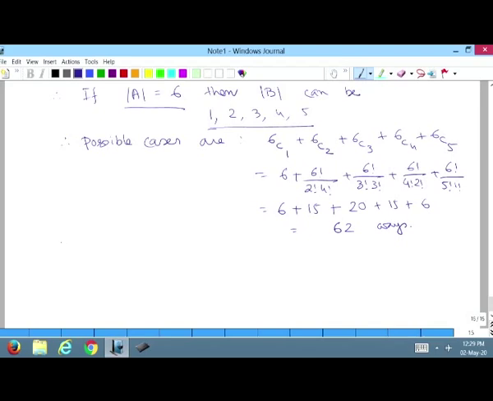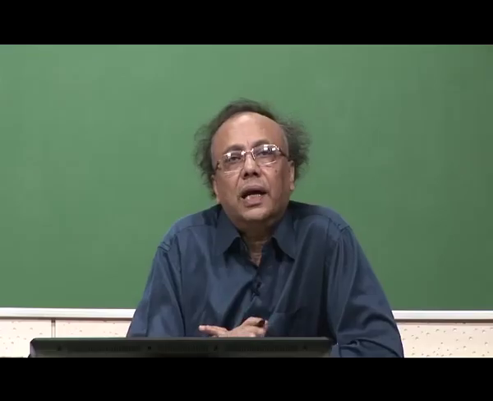Now, obviously, the cardinality of A cannot be 5.